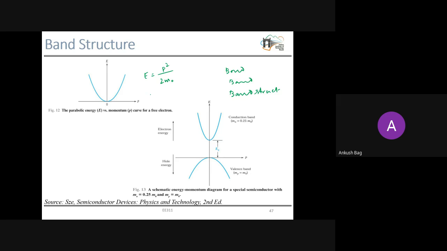Now inside the crystal, when electrons move through the conduction band, this is again the conduction band, a typical band structure.